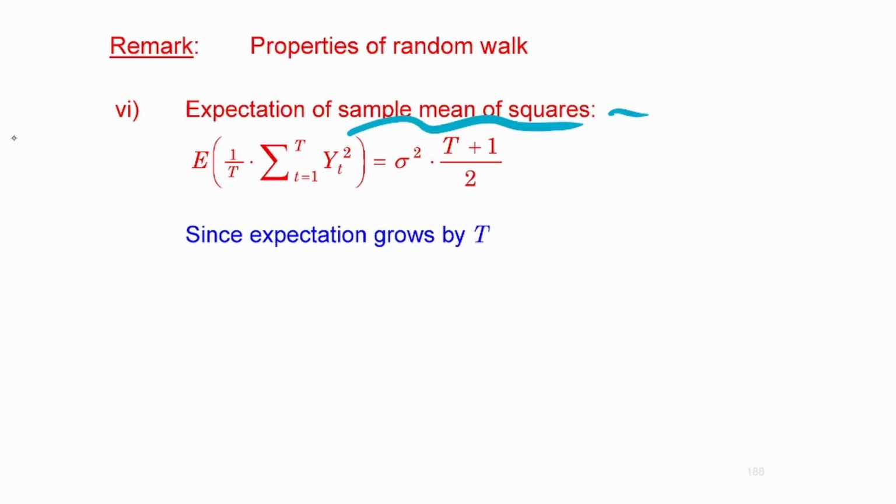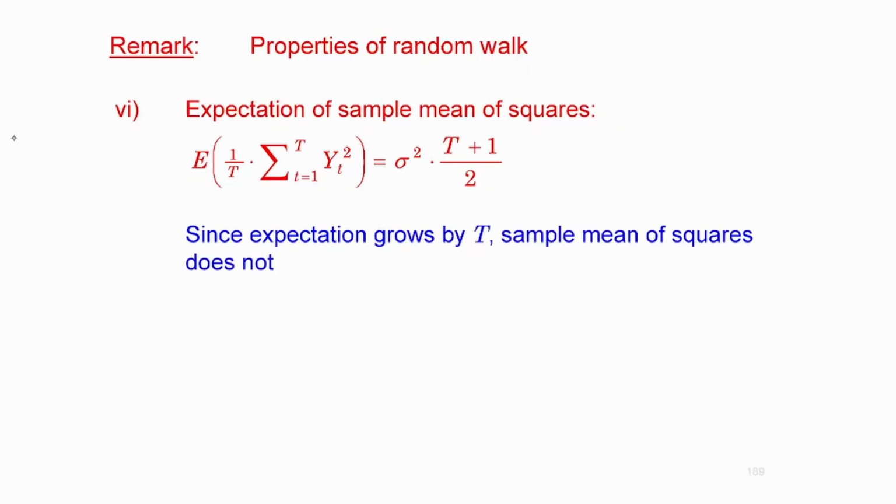Now, regarding the random walk without a drift, if you don't have a drift, the sample mean of squares is going to be equal to the sample variance of the process. And since the expectation grows with time, that is, with the sample size, the sample mean of squares does not satisfy the weak law of large numbers, and that's going to be an issue.